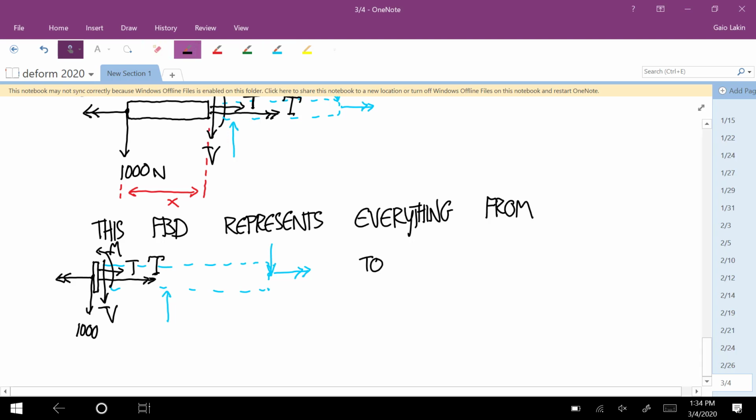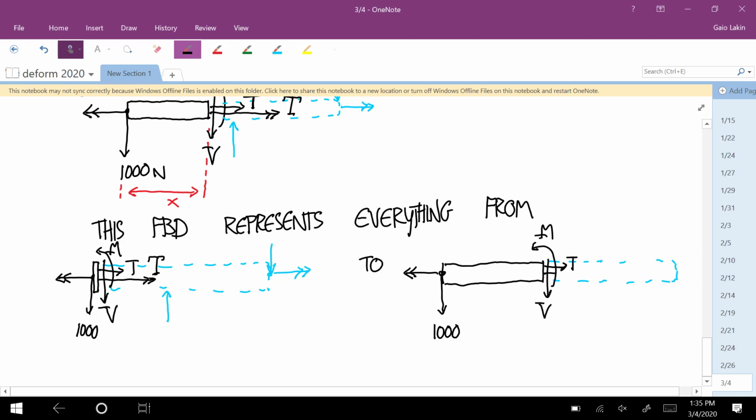At the other extreme, you have this downward force, this couple, these internal loads, and then we're just missing getting to the next one, and we're still ignoring these. Okay.